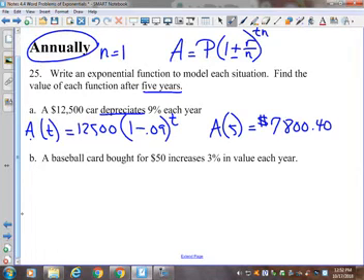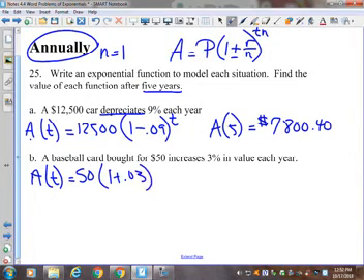All right, baseball cards bought at $50, increase in value 3% each year. A of T equals what? 1 plus 0.03 to the T power, right? It also asks us to do this one for 5 years.